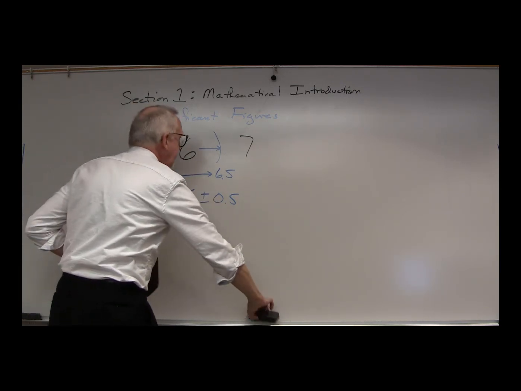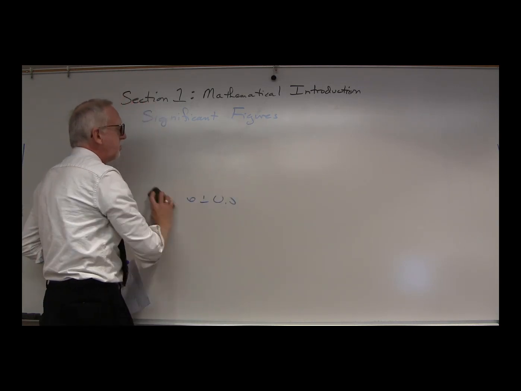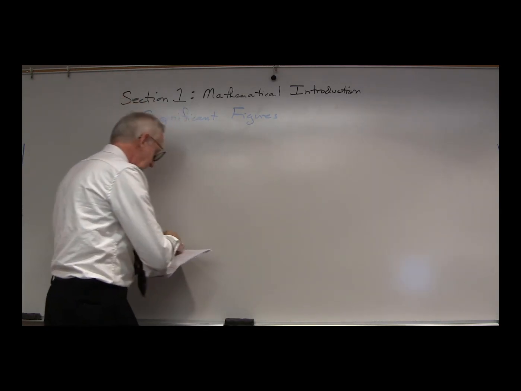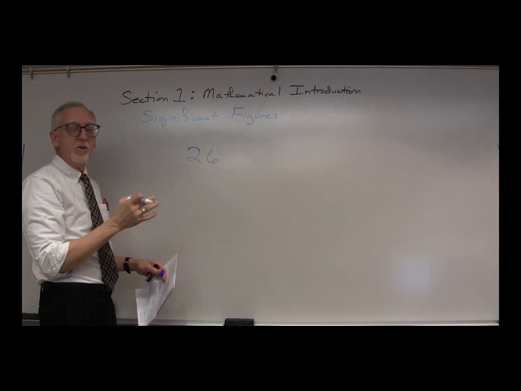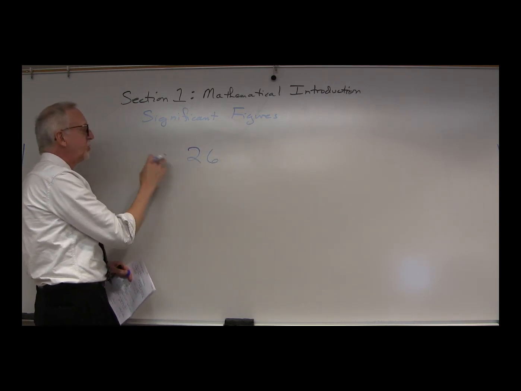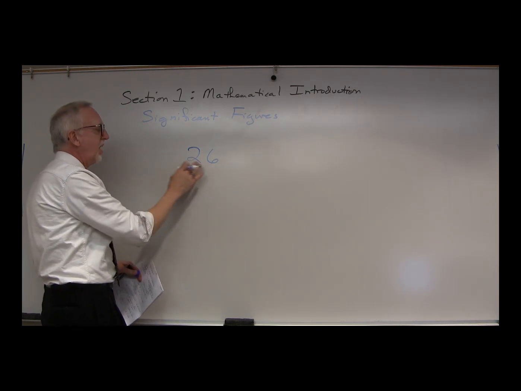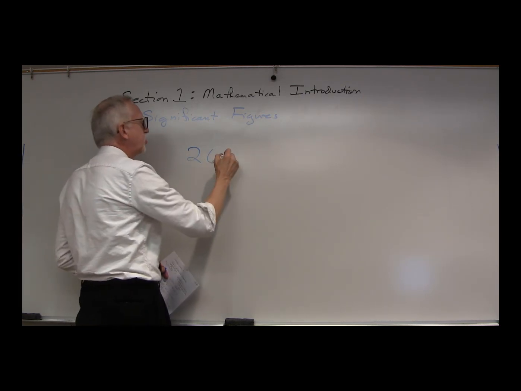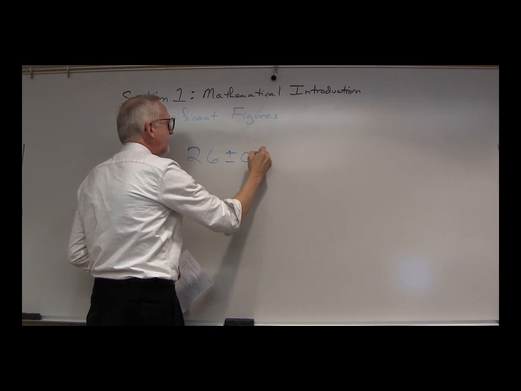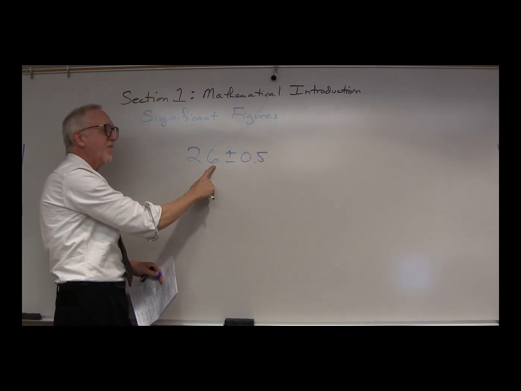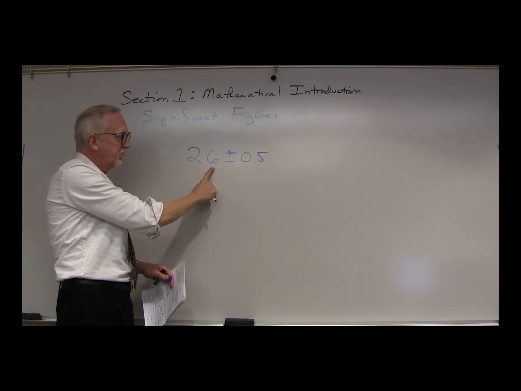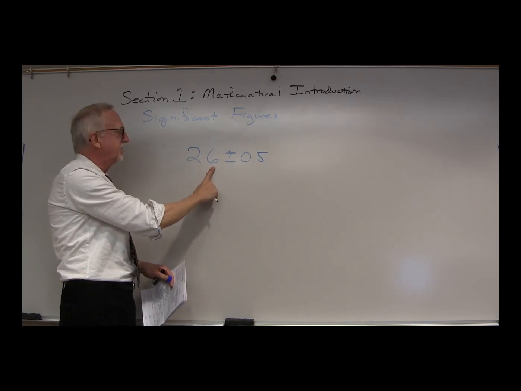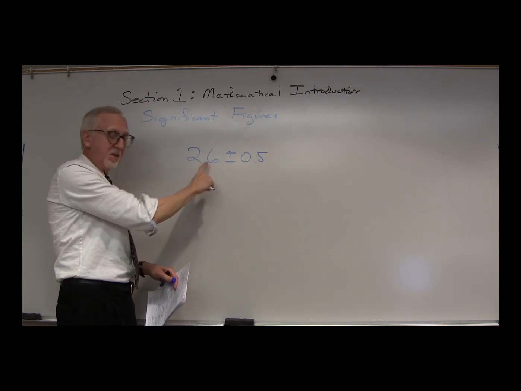Now, this is going to be very similar to larger numbers or smaller numbers. So, for example, if I were to say something like 26, what I really mean is something in between 25.5 and 26.5. In other words, 26 plus or minus 0.5, half of this smallest digit in the ones column, you might say, of the value that is stated.